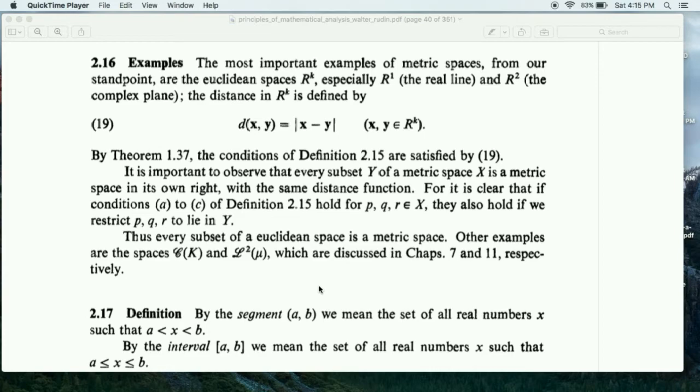There are different kinds of metrics on real numbers. There are different kinds of metrics on Euclidean spaces. One of the most usually seen is this metric d(x,y), which is the modulus of x minus y. That is the absolute value.